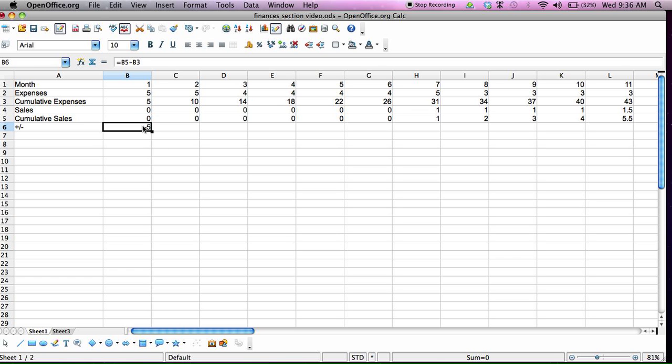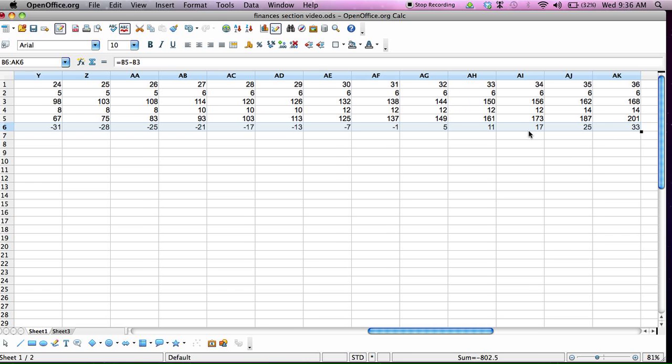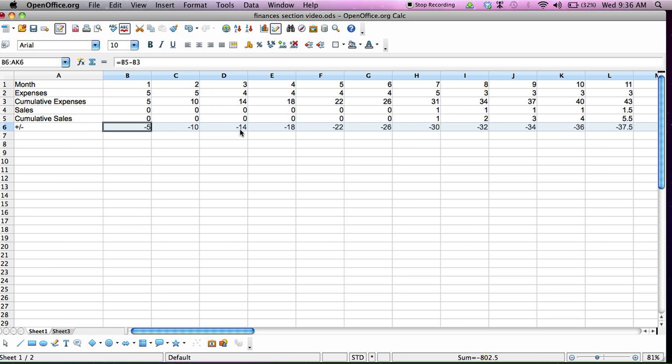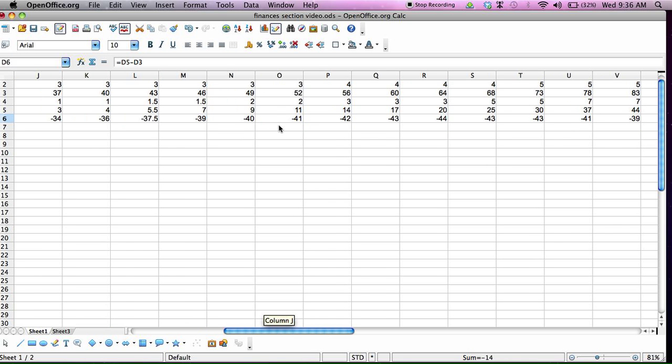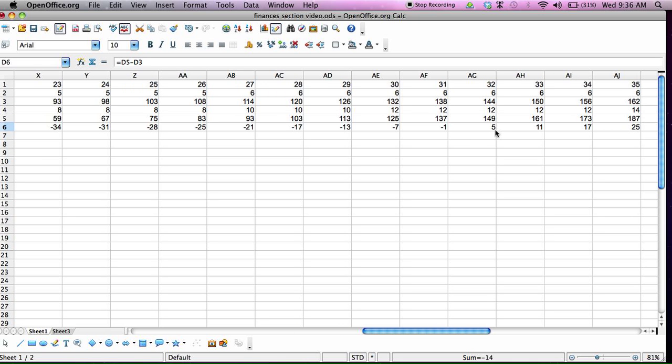So to that date, what's the difference between our cumulative sales and cumulative expenses? So we see at the beginning, expenses to date are greater than our sales. Eventually, that turns around and our sales are greater than our expenses.